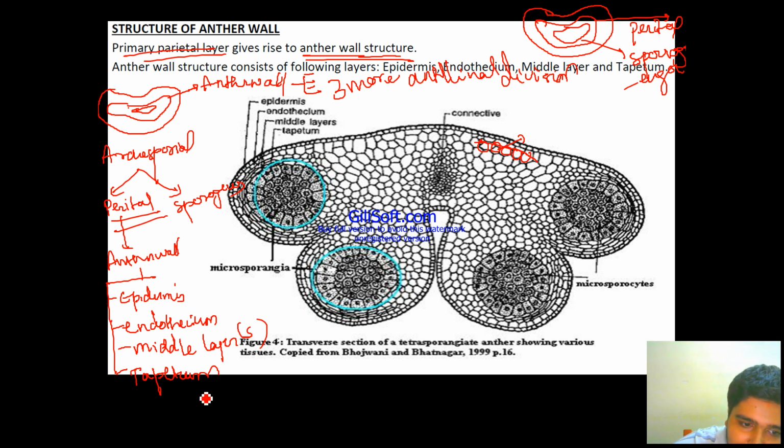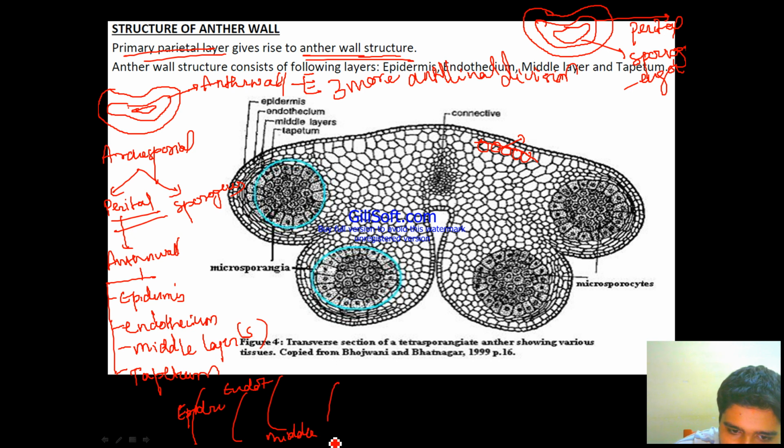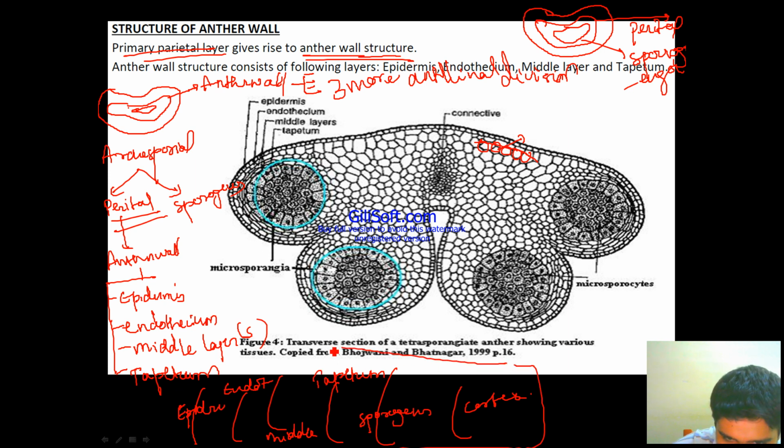If you see very carefully, you have the epidermis, then there is endothecium, then there is middle layer, then there is tapetum, then there is sporogenous layer. And then obviously there is the rest of the cortex. This is the anatomy so far. Now what will happen next?